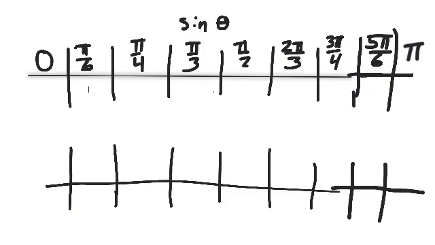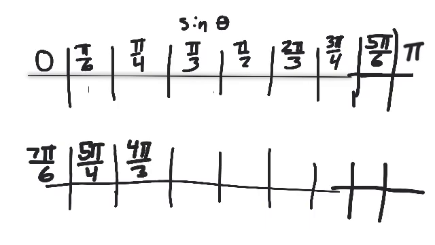Okay, so my next rotations. I could rotate 7 pi over 6, 5 pi over 4, 4 pi over 3, 3 pi over 2. Everybody following where I'm getting these from?